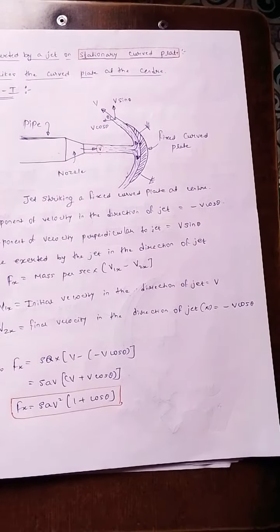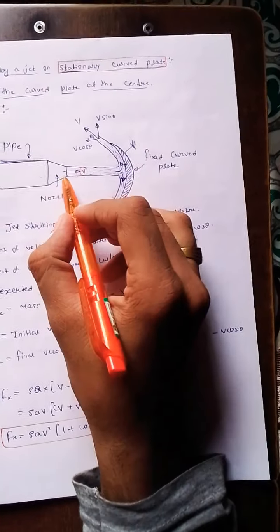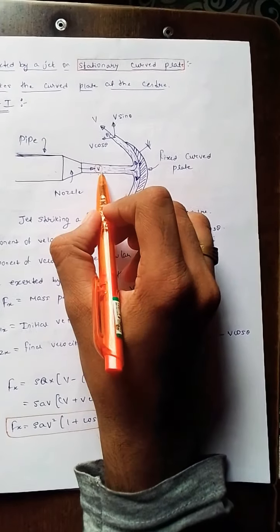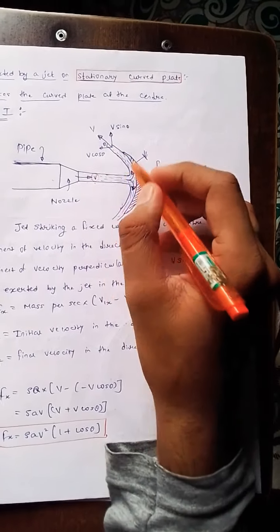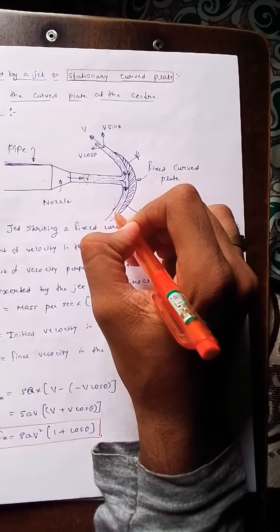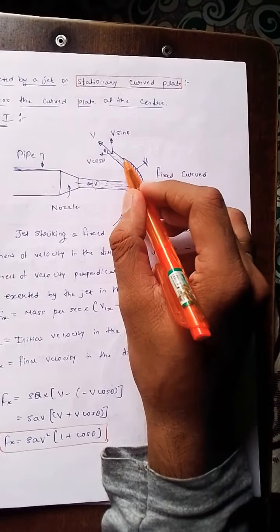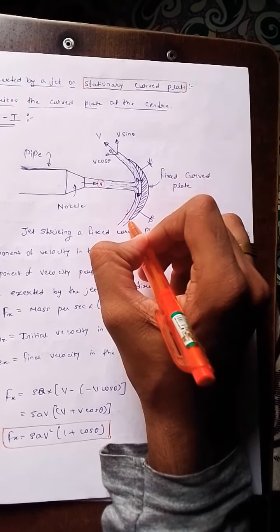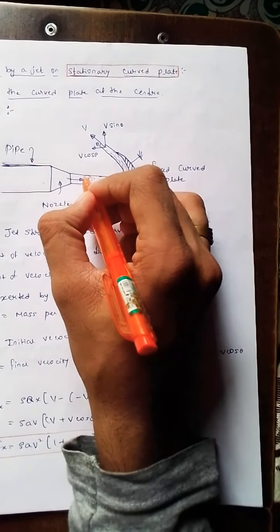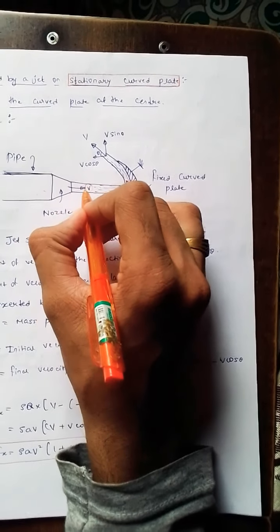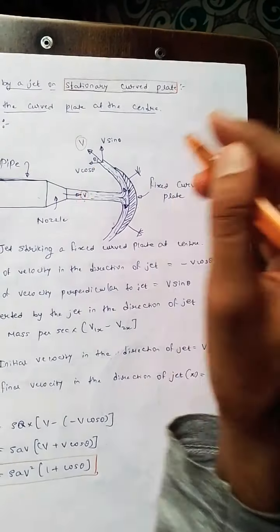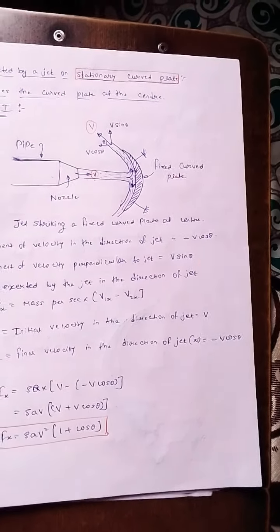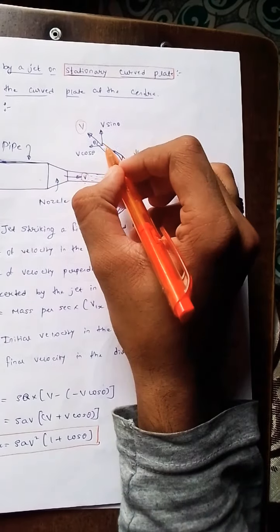This means if the water is coming out with a velocity of V from the nozzle, the same velocity will continue in the upward direction and downward direction, provided there is no loss of energy along the surface. The same velocity will be traveling when the water leaves the curved plate.